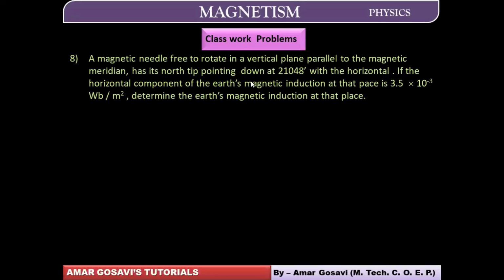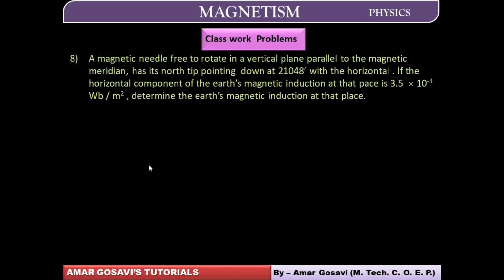If the horizontal component of Earth's magnetic induction at that place is 3.5 into 10 raised to minus 3 Weber per meter square. Now, Weber per meter square or Tesla, they are the units of Earth's magnetic induction or magnetic induction in general. Then the question says, determine the Earth's magnetic induction at that particular place.